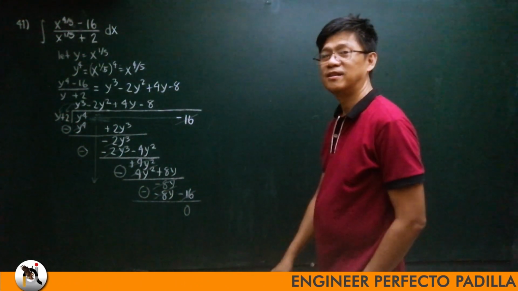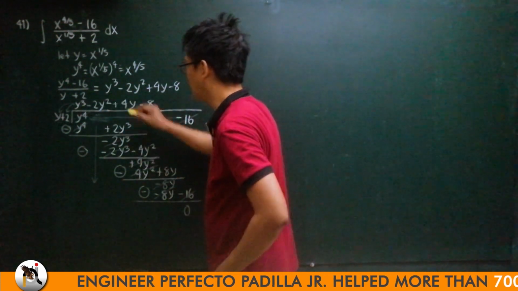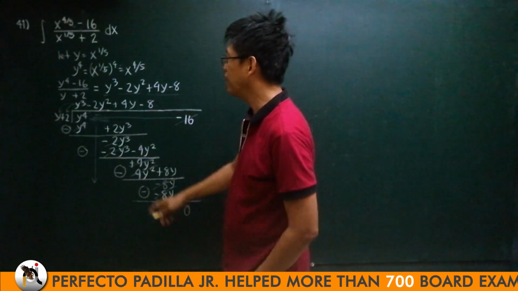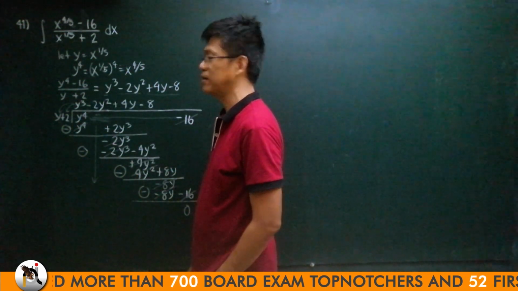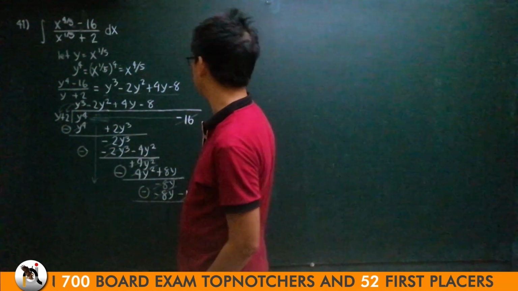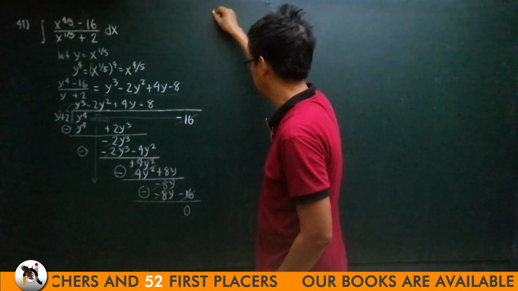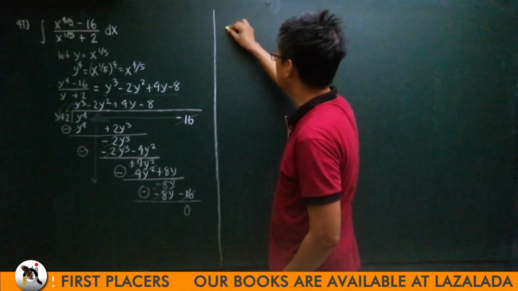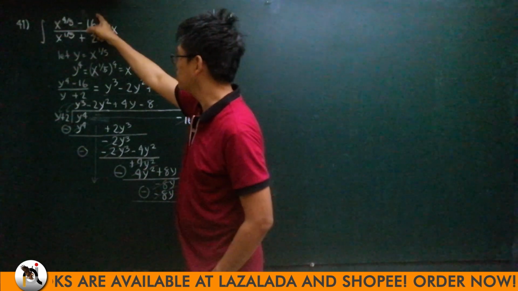You get it? Okay. So here we express this in terms of x to the 1/5. y is x to the 1/5. So now the integral becomes the integral of this over this.